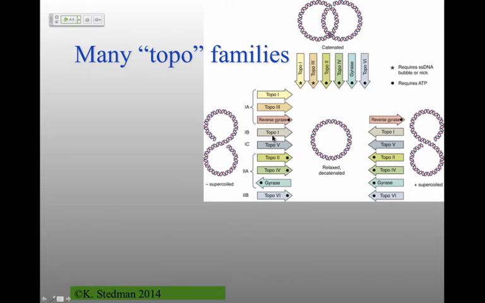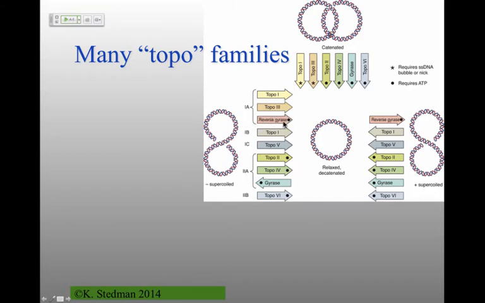In the case of these topoisomerases type 1, you've got 5 whole different families. Topoisomerase type 2, here you've got 4 different families. Lots and lots of different families of topoisomerases. What they all are is not critical, and I'm not going to expect you to remember all the different names here.